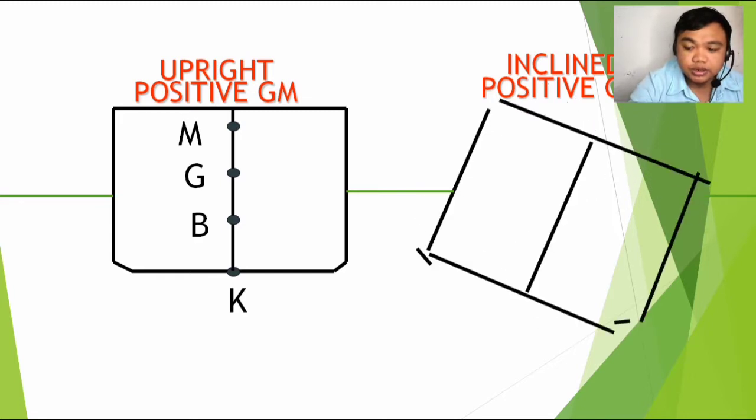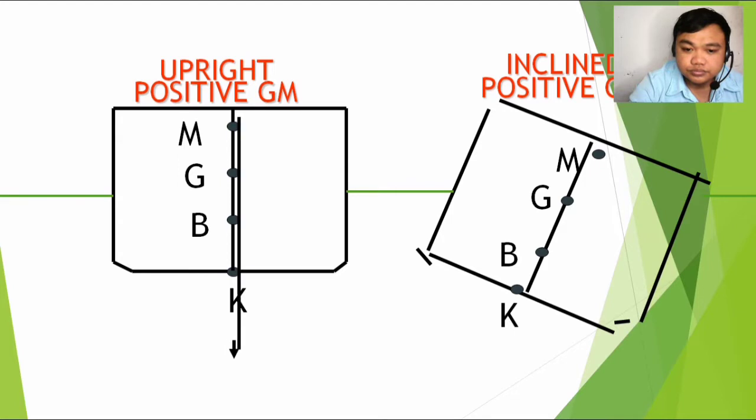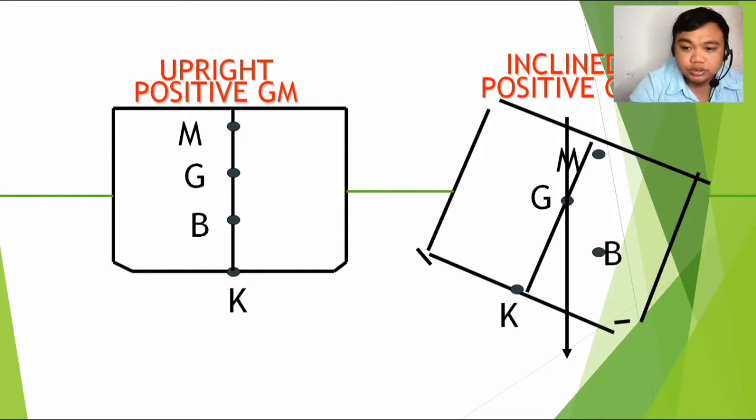So what will happen if the ship will tilt to one side, or heel to one side? So obviously, the center of buoyancy will move towards the lower side and will be in line with the metacenter.